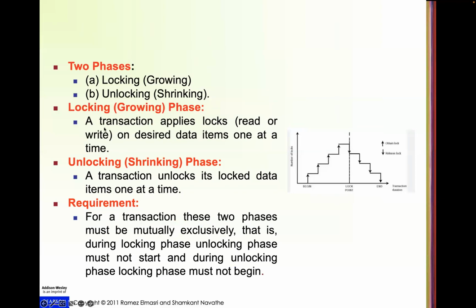So T1 is locking X, and then locking Y, and then locking Z. It is acquiring more locks on desired data items. This is called the growing phase. Unlocking is the releasing phase.